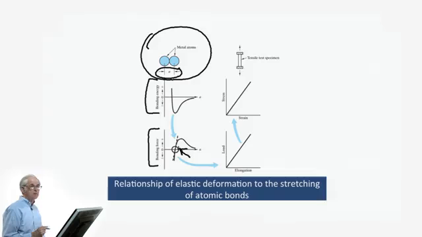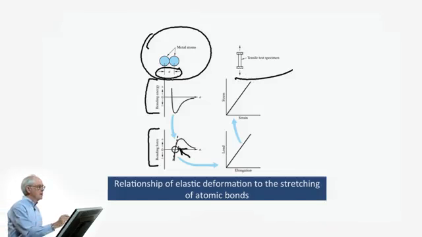So again, it could be 2 carbon atoms in a polymer. It could be 2 aluminum atoms in an aluminum alloy. Could be the distance between an aluminum and oxygen ion in the aluminum oxide. In whatever case, that interatomic distance then is going to change slightly in our stress-strain experiment.